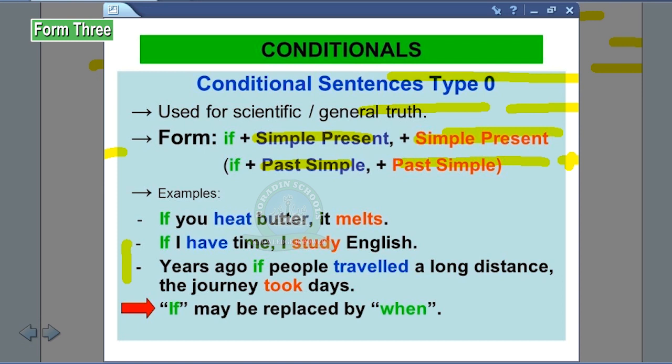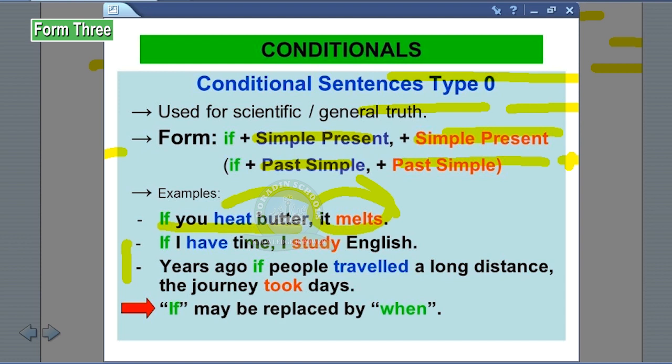So, if you heat butter, it melts. I have two simple present tenses. If you heat butter is a simple present tense, and it melts is another simple present tense.